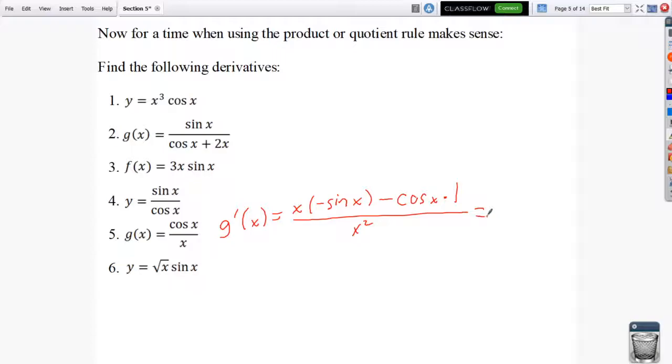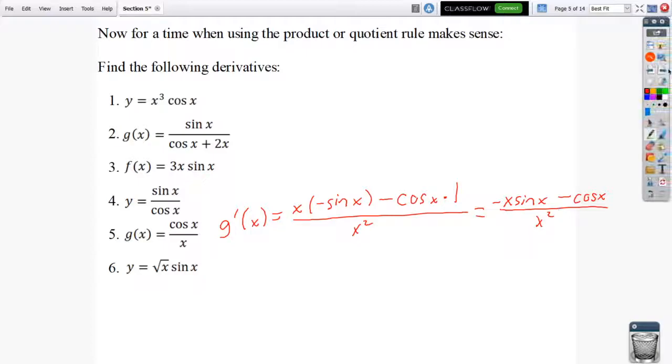And just cleaning it up a little bit, negative x sine x minus cosine x over x squared. And I know I've said this before in this chapter, you don't have to simplify anything, although in the future, if you start simplifying now, you're gonna see the benefits later if you practice your simplifying now.